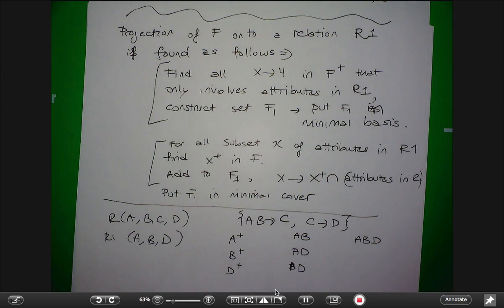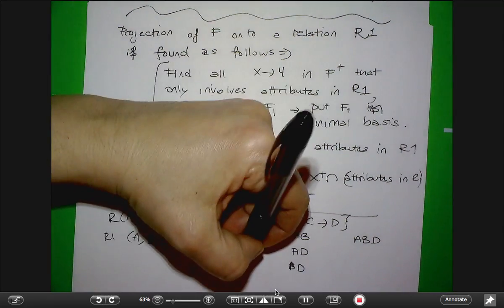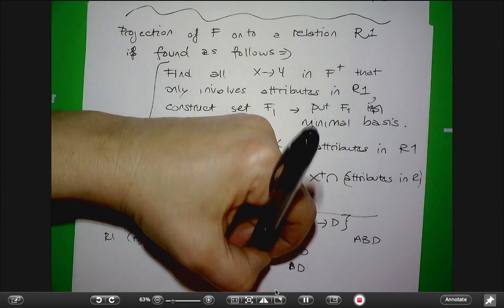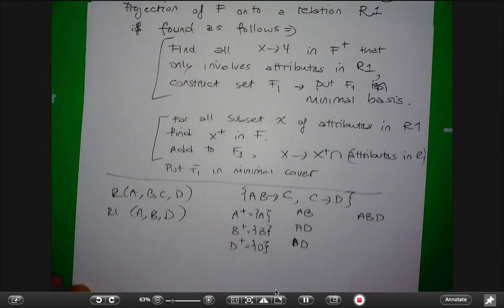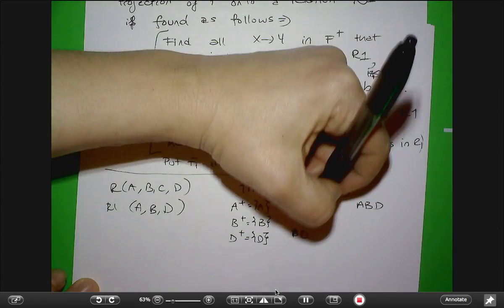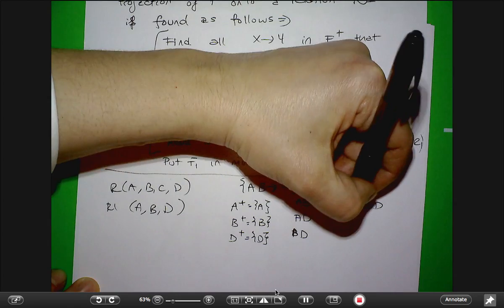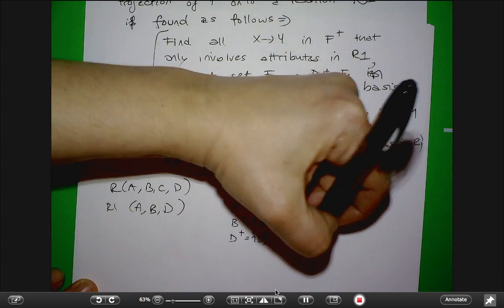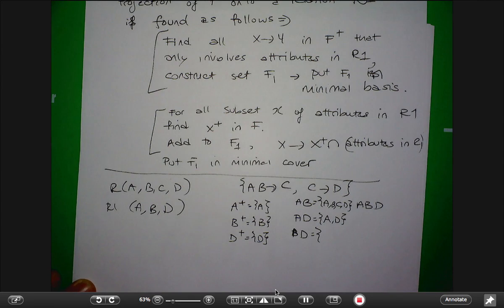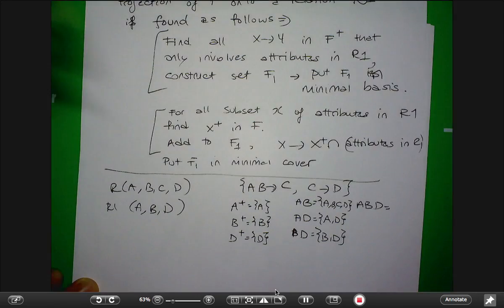So now, for example, you will find closure of A is A, closure of B is B, closure of D is D. Closure of AB is ABCD. Closure of AD is AD. Closure of BD is BD. And closure of ABD is this.